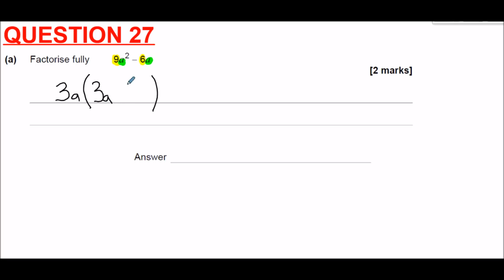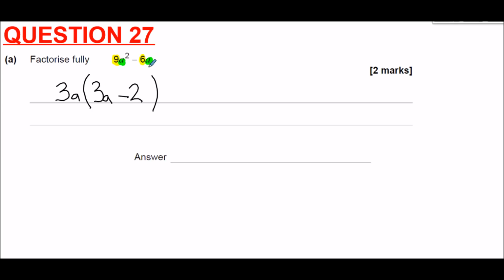Now we can move on to the next thing. We've got a minus sign in between, so just dump in a minus sign here. And compare the numbers again first. We've got 3, we want to end up with 6. So what do we need to multiply 3 by to get 6? The answer would be 2. Then look at the letters. We've already got A, we want to end up with A. So we don't want A squared or anything, the A's already sorted.